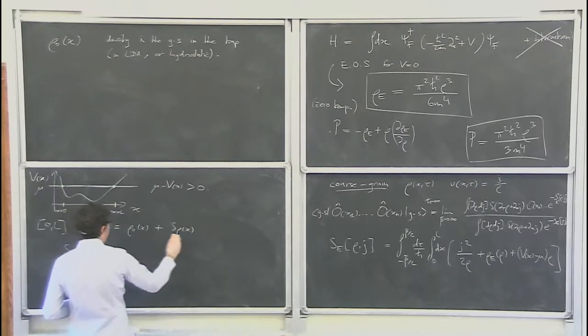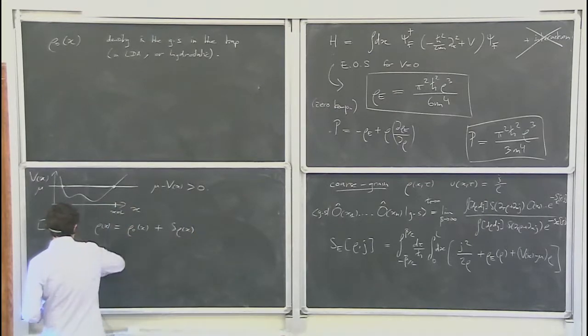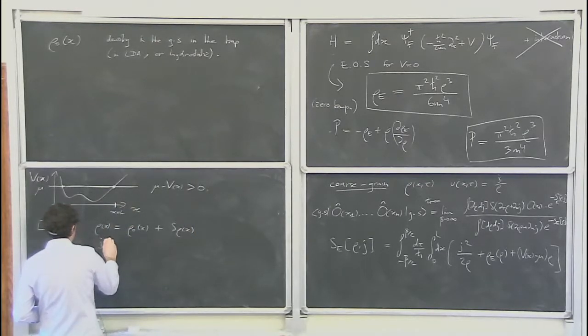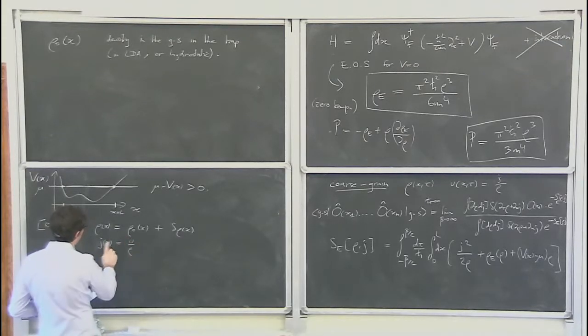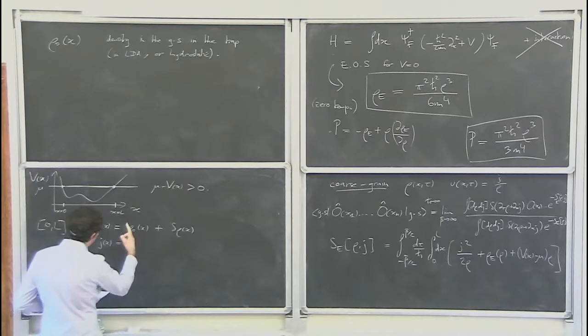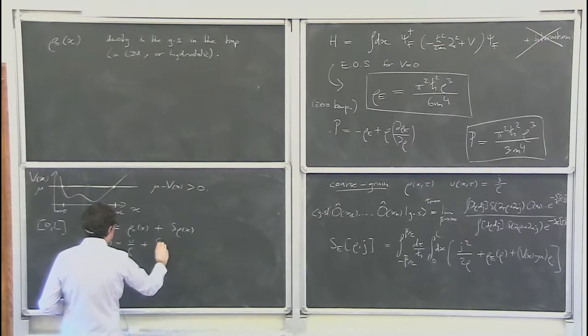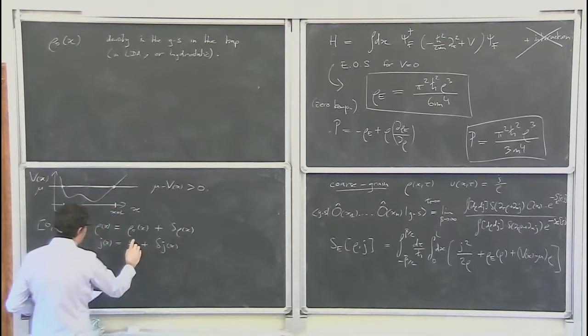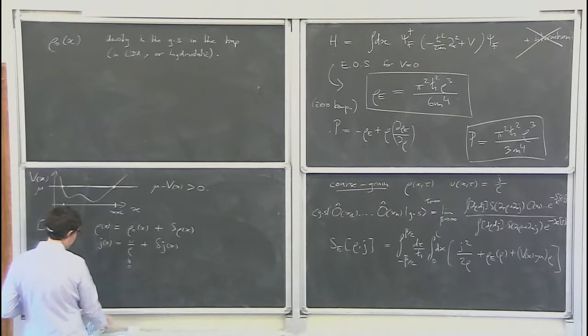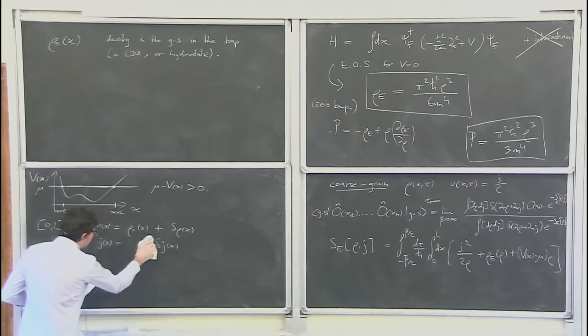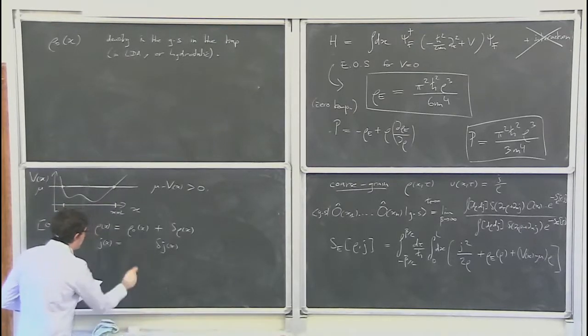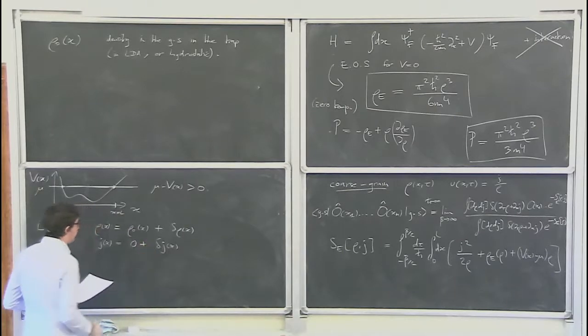J should also be a small perturbation, but since J is u times rho, and we are looking at fluctuations around the static profile, u is just 0, so J is 0 plus delta J.